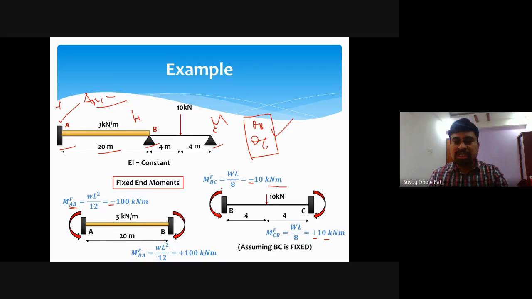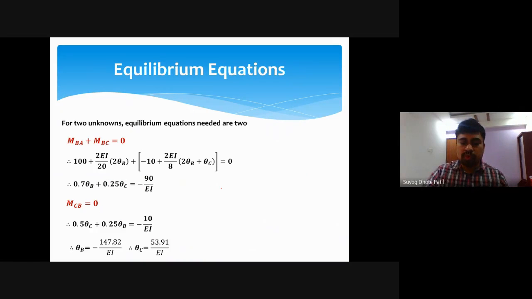So there are two basic equations for the two basic unknowns. The equilibrium equations needed are MBA plus MBC equal to 0, and MCB equal to 0. By using these two equations, I can solve for theta B and theta C.